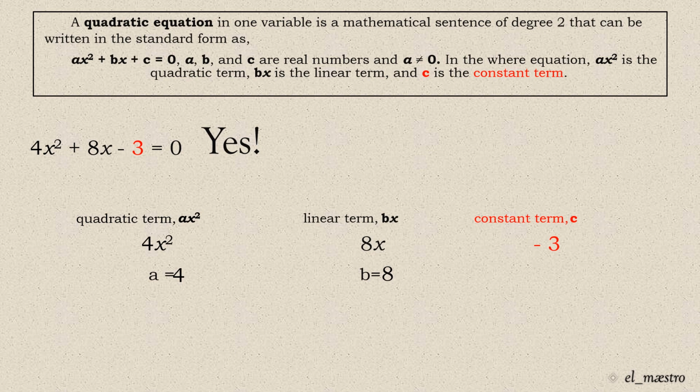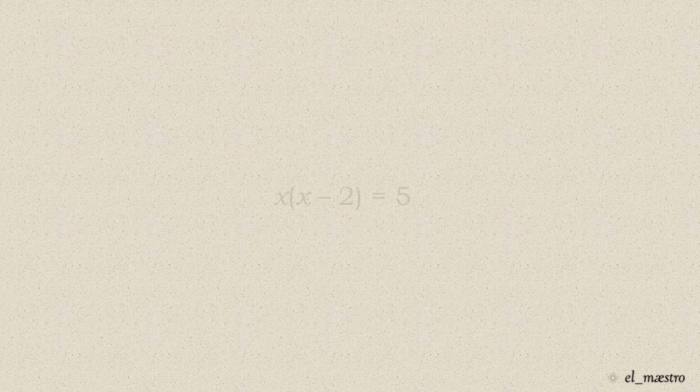Let's have another example. x parenthesis, close and open parenthesis, x minus 2 is equal to 5. The question is, is this a quadratic equation? I'll give you 5 seconds. Okay?